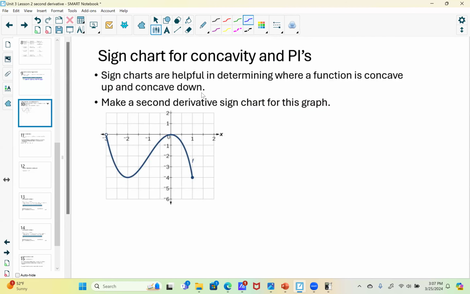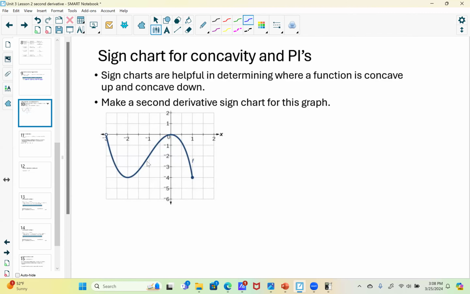And we can draw it for a graph as well. So we're going to use this graph again, but now we're going to make a second derivative sign chart. So to do that, we do the same thing. We find where the points of inflection are. We're going to kind of guess that because we don't know exactly without an equation, but we know that from -3, it's definitely concave up, it's curved upward.